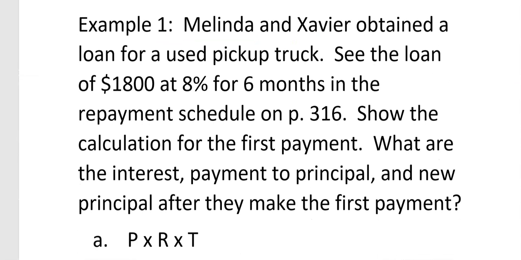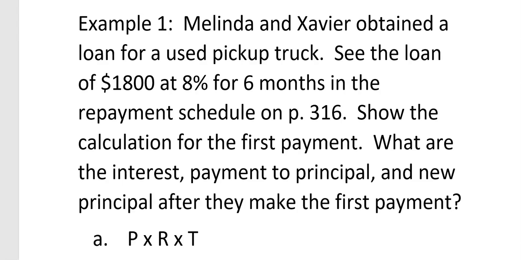Here's your first one. Melinda and Xavier are buying a used pickup. They're borrowing $1,800 and they're making 6 payments. For these, every single payment is 1 month, so the fraction you'll use is 1/12. The other ones where it was exact and ordinary, what did you have to divide by? Exact is 365, ordinary is 360.